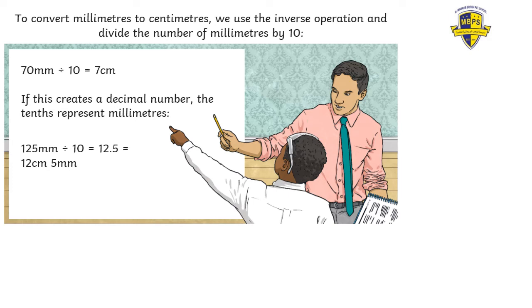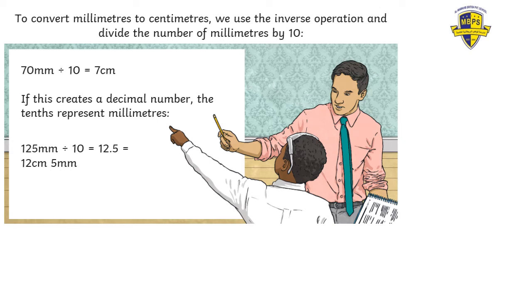Excellent. So here the answer is 7 centimeters. Now, we want to convert 125 millimeters to centimeters. So again, from milli to centi, from small to big, we divide by 10. Good. 125 divided by 10.